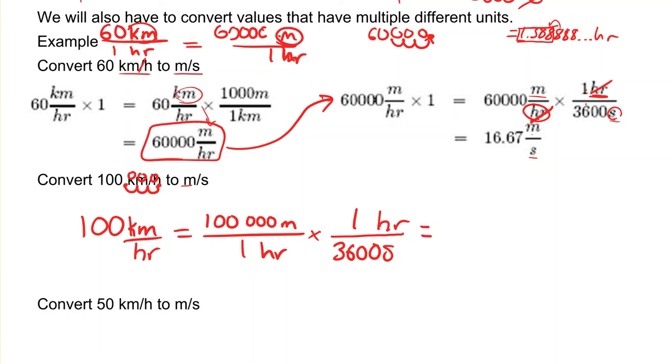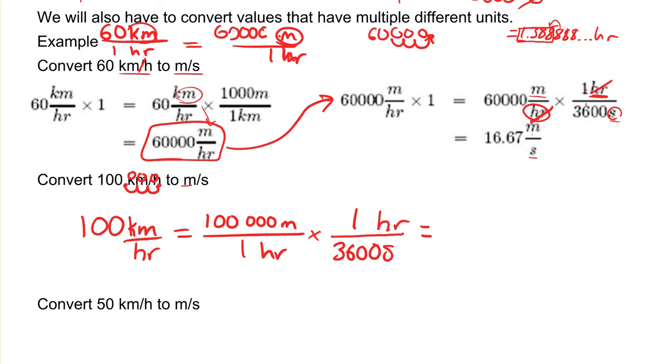So on my calculator, I'm going to go 100,000 times 1, which is 100,000, so you don't even have to do that, then divided by 3,600. And remember, times 1 or divided by 1 doesn't do anything, so just ignore the ones, right? 100,000 divided by 3,600.